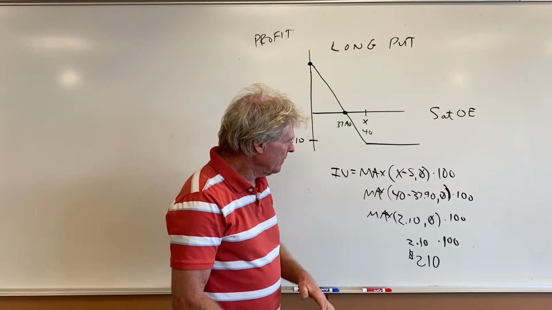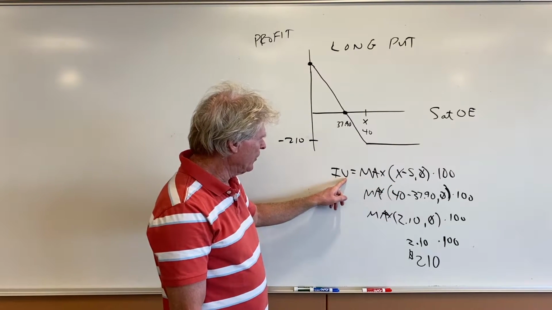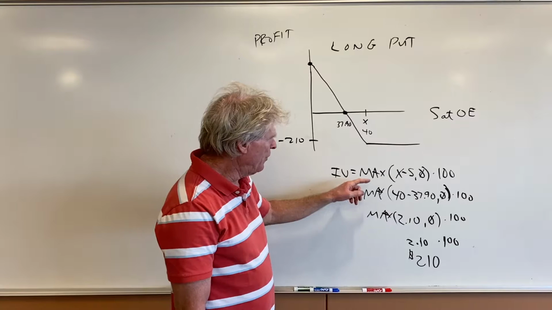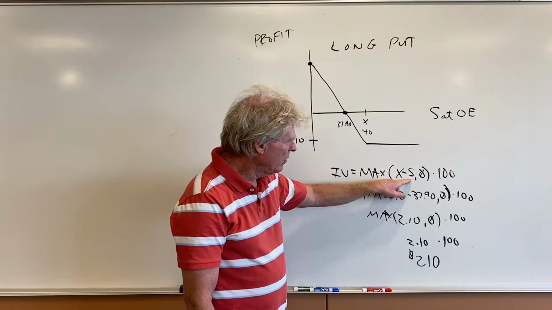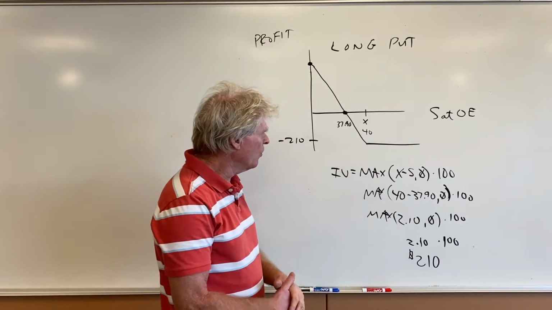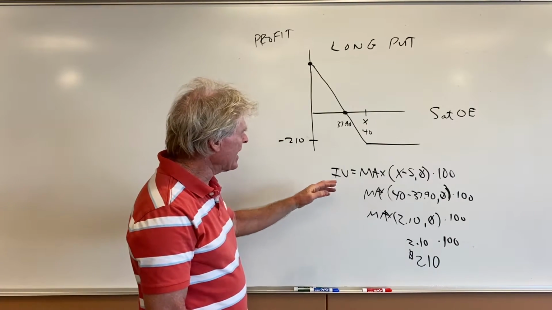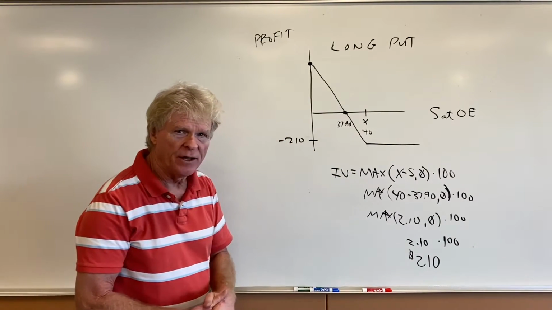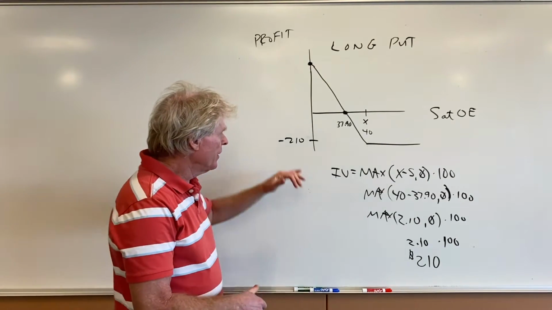And if stock price goes to zero, the intrinsic value of the put would be 40 minus 0, which is 40, which is bigger than 0. So 40, and multiply by 100, I get 4,000. So that means the maximum value of the put is $4,000.